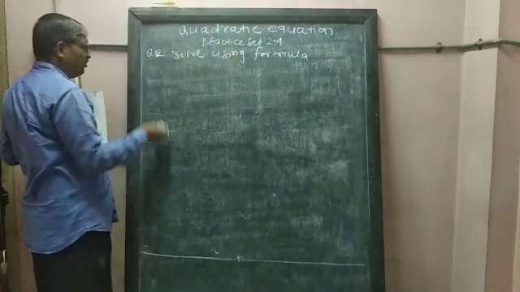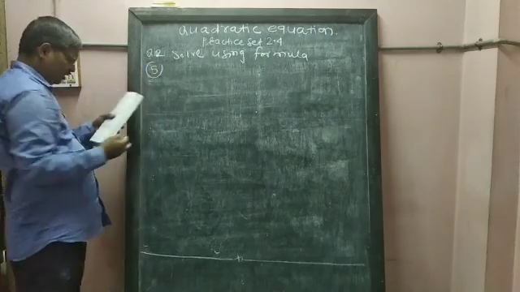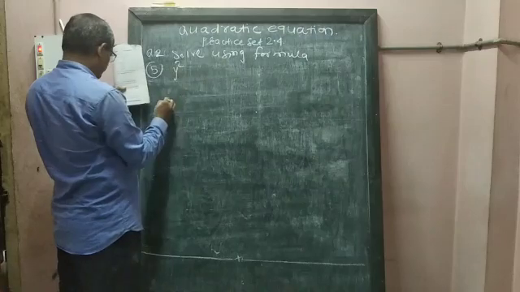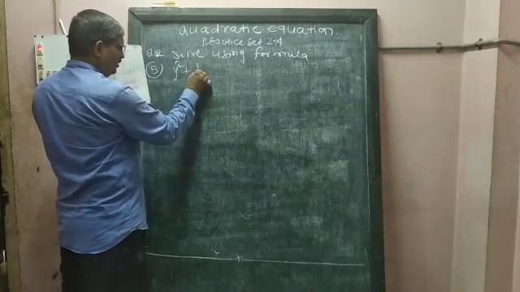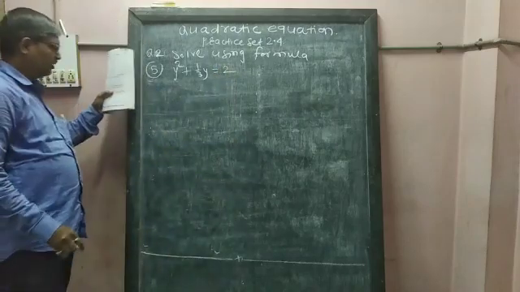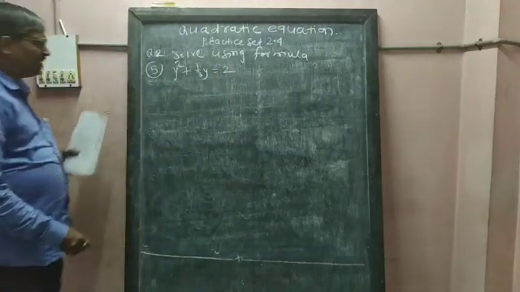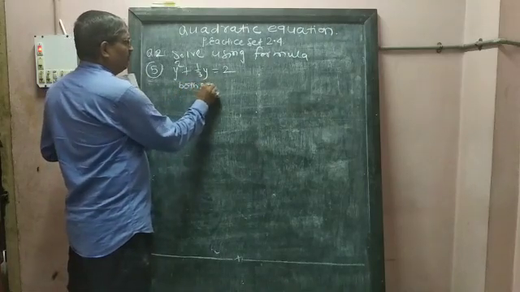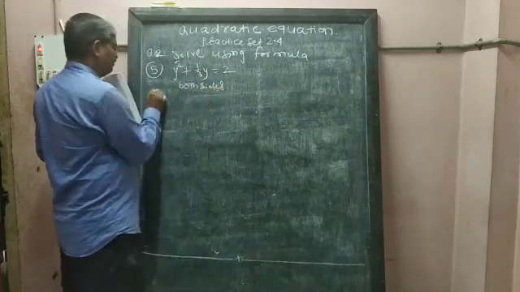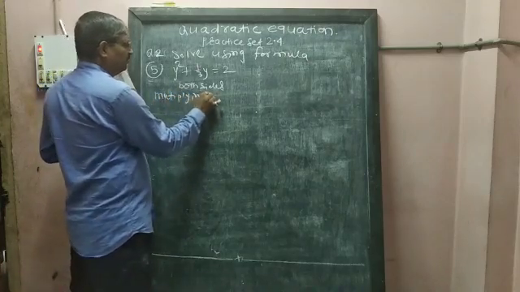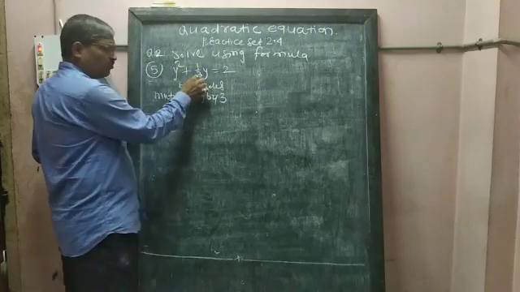So question number 5. What is question number 5? You want to check. y square plus 1 upon 3y is equal to 2. We should take it in standard form. First, multiplying both sides by 3. We don't want 1 upon 3 here.